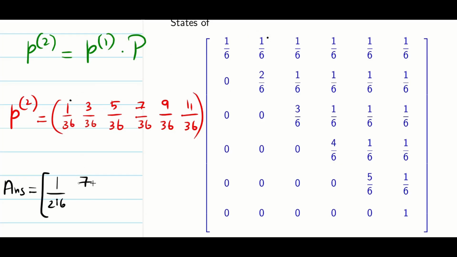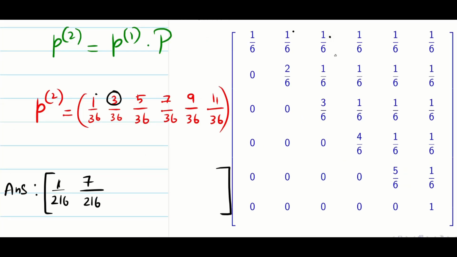So 1 plus 6 is going to be 7. Then first row with the third column, we are going to get 1 into 1, 1 into 3, 3 into 5. So 15 plus 3 plus 1, it is going to be 19 by 216. Then first row with the fourth column, similarly when we multiply, we'll be getting 37 by 216 and 61 by 216 and finally 91 by 216.